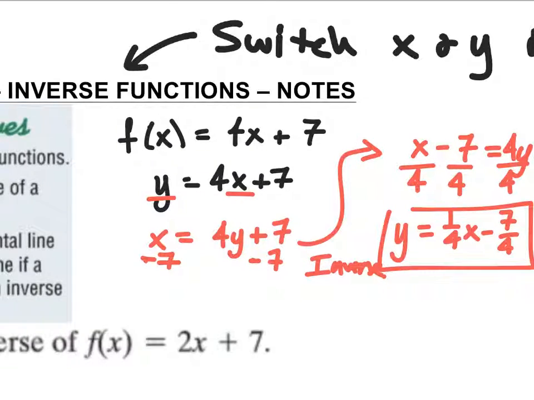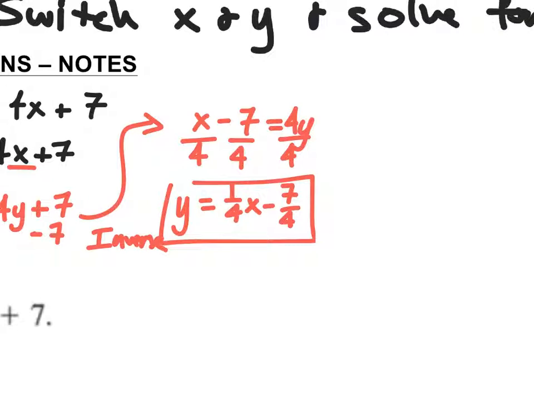And so when I have that inverse, I'm going to rewrite this as f inverse of x is equal to 1/4 x minus 7/4.